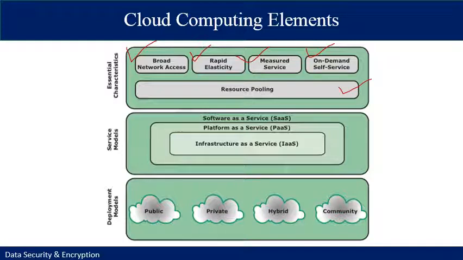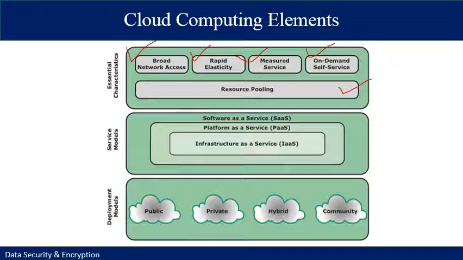And it should provide resource pooling as well. The provider's computing resources are pooled to serve multiple consumers using a multi-tenant model, with different physical and virtual resources dynamically assigned and reassigned according to consumer demand.